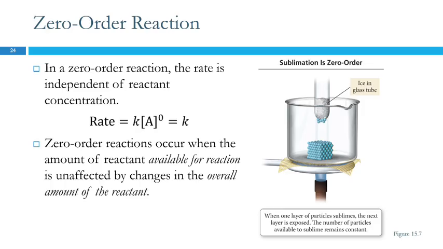So as you peel off a layer, there's still the same amount of stuff. So in essence, the concentration isn't changing. And so that's why it doesn't depend on the concentration. The amount of reactant available for reaction isn't changed. Okay, it's kind of weird.